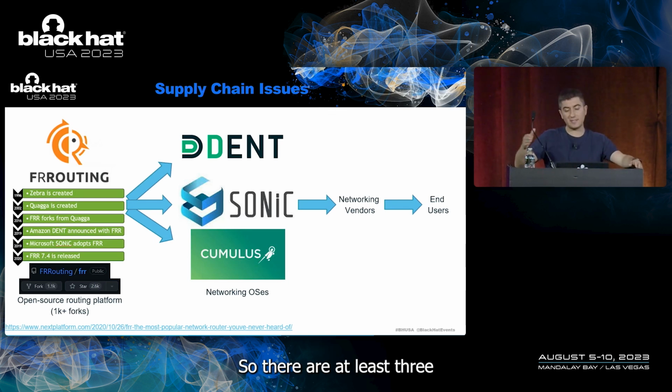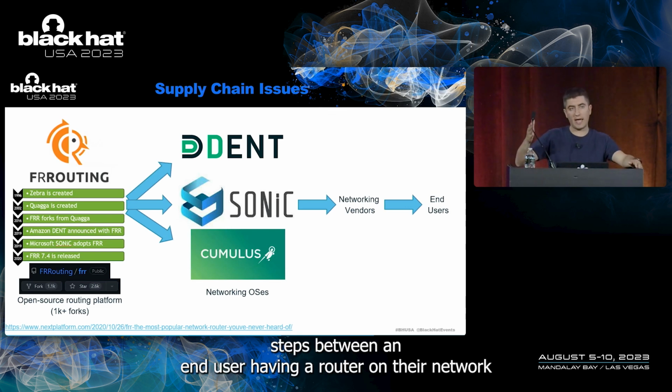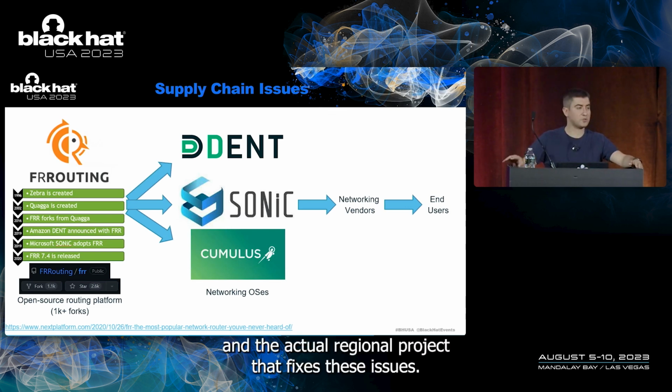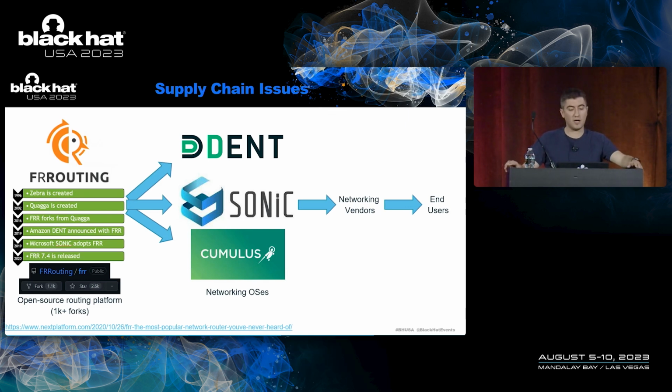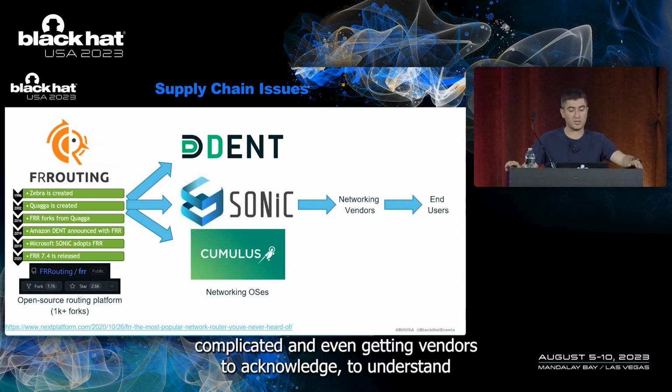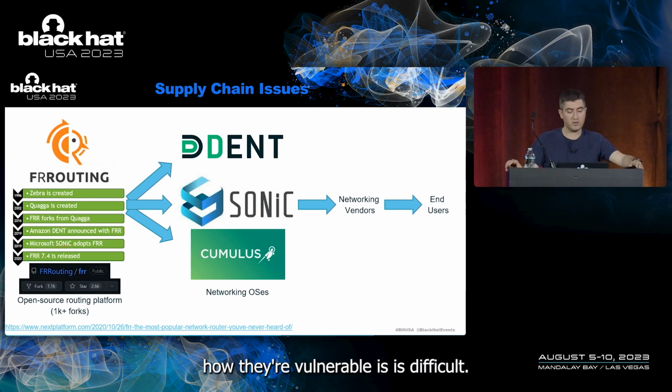So there are at least these 3 steps between an end user having a router on their network and the actual original project that fixes these issues. Having these patches trickle down the supply chain is sometimes complicated, and even getting vendors to acknowledge and understand how they're vulnerable is difficult.